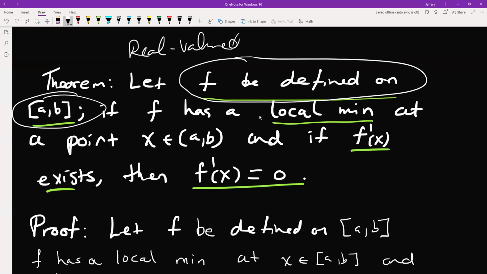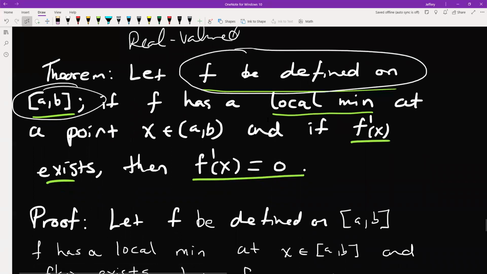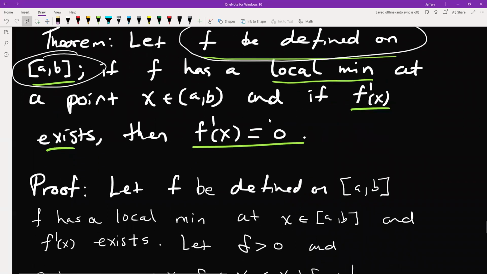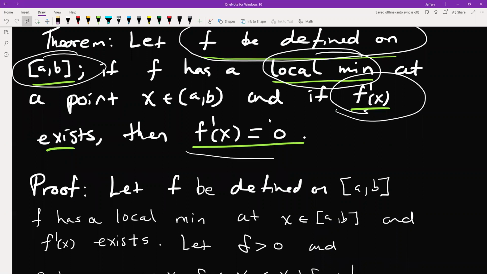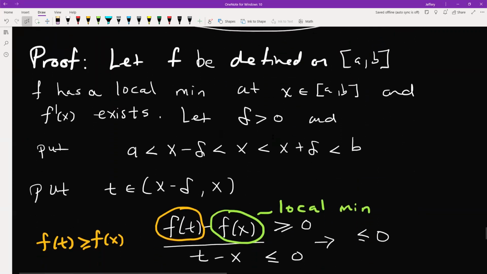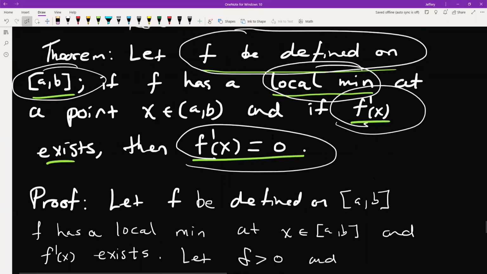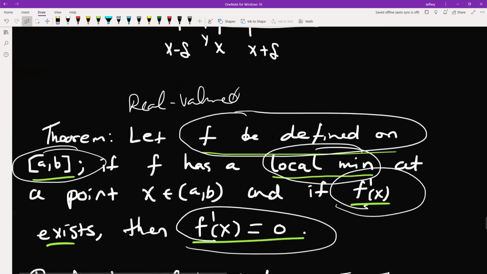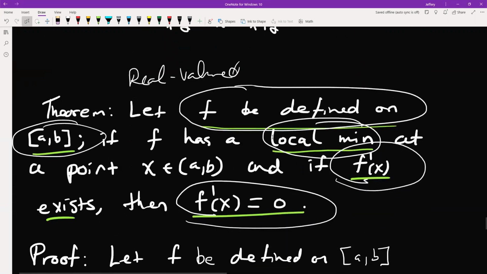If f has a local minimum at x, and f prime of x exists, then that means f prime of x equals 0. You can use basically exactly the same proof to show that this also is true if you have a local max.